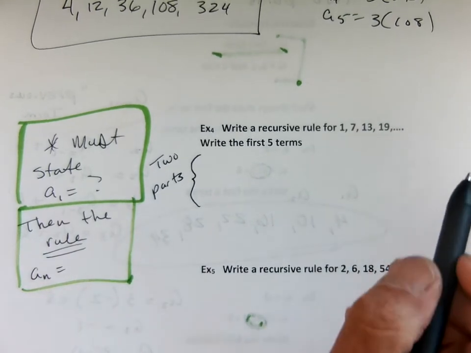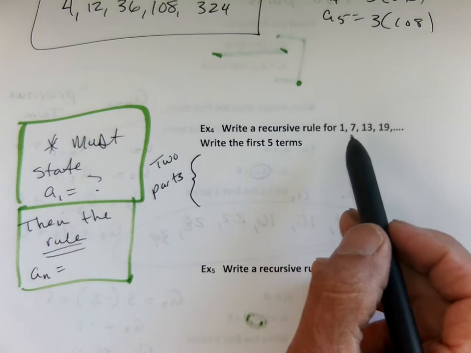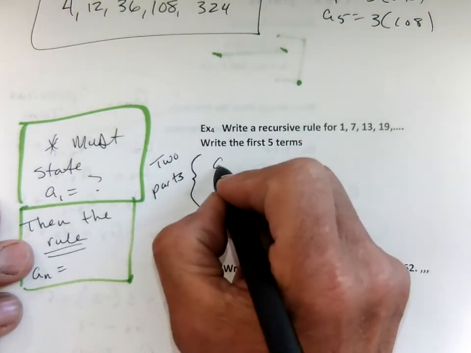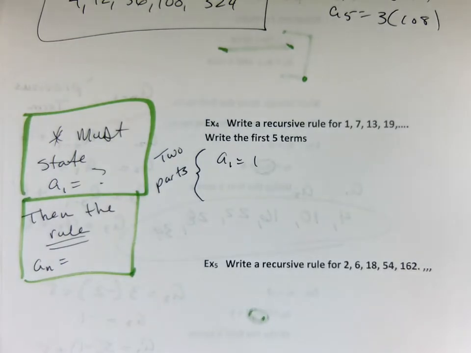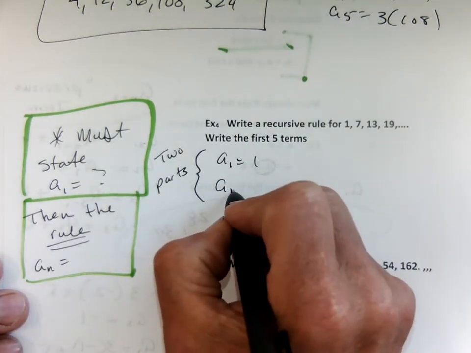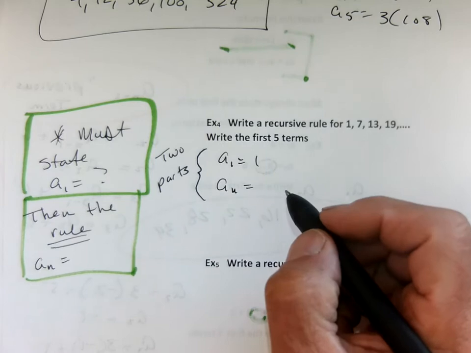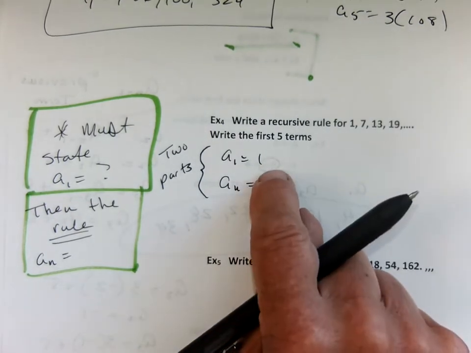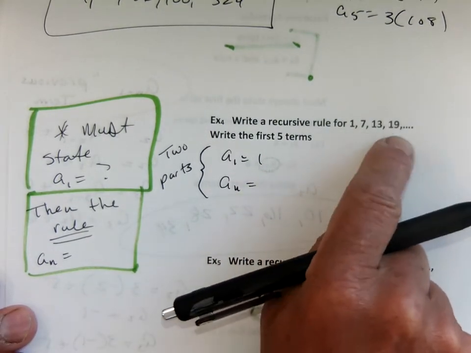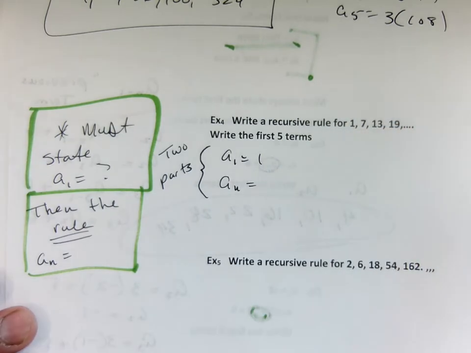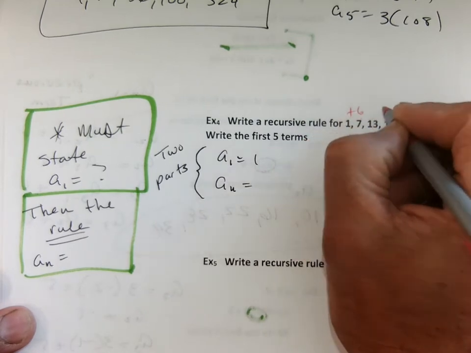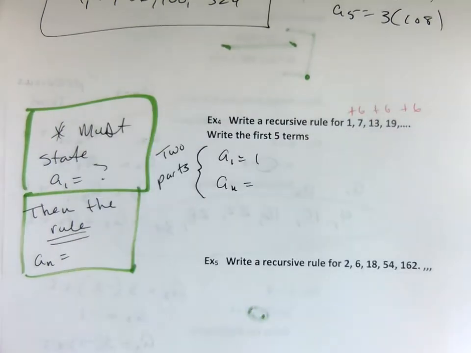Where are we going to start? What's our first term? 1. You have to say, start with 1. A1 equals 1. You have to state that. So you got to know where to begin, and then A of n equals, well, what are we doing? We're taking our number, and then what are we doing to it each time? Are we going plus 6, plus 6, plus 6, right?